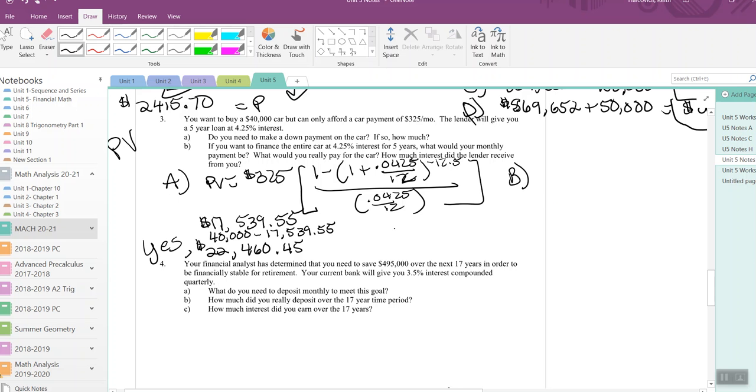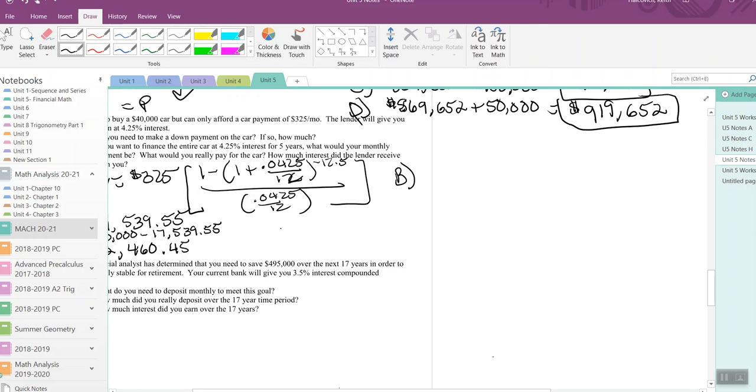For part B, it says if you want to finance the entire car, so that means you don't make a down payment. So that means you're borrowing the whole $40,000. And you would want to know what your monthly payments are. So you're trying to find the P. Everything else stays the same.